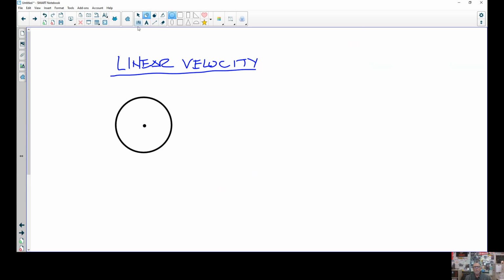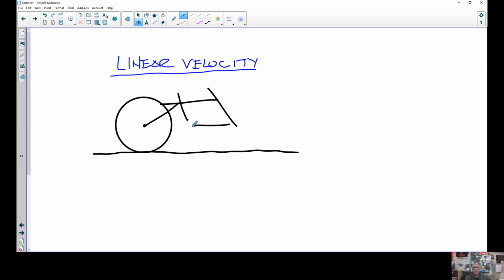Now, what if that circle is actually a wheel on, let's do a bike. And I'm going to draw a really bad bike. This is kind of what a bike looks like, right? And we'd have another circle out here, and handlebars and a seat. All right, so we've got a bike.